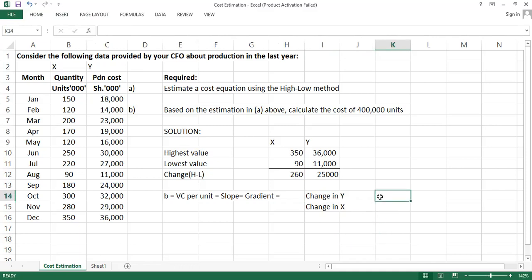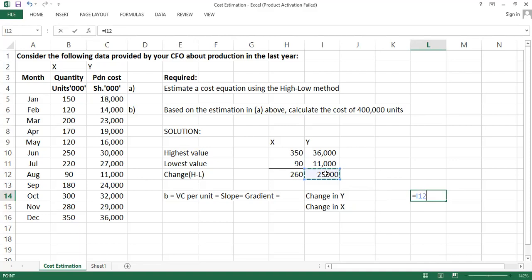And this will mean that what we get as the value of B equals what? So you'll just have an equal sign and take the change in Y. Change in Y is this 25,000.